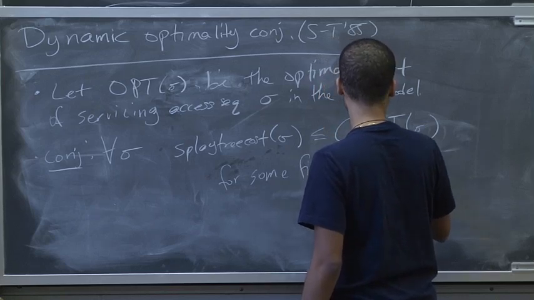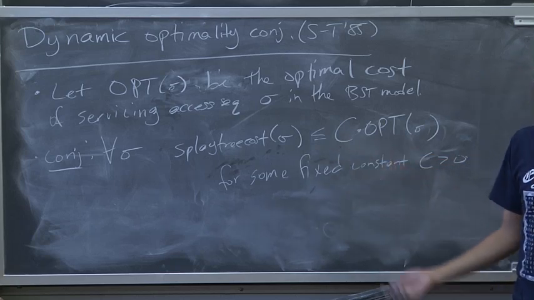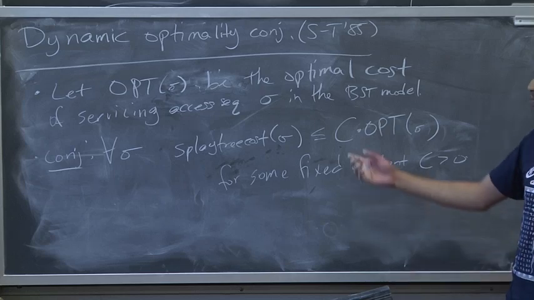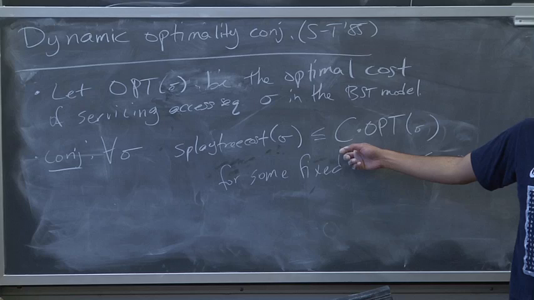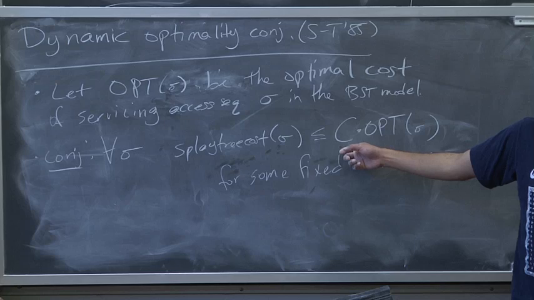So question for you. Suppose that I didn't insist that this c were a constant. I allowed it to be a function of, let's say, n, the number of items. What's one small value of c that is already known? Yes, log n.